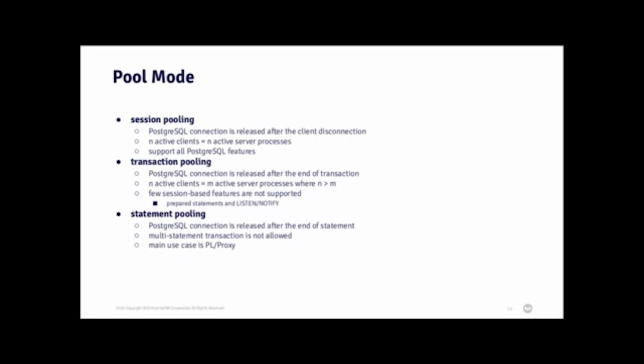In session pooling, the Postgres connection is released after the client disconnects, which means that we have roughly the same number of clients and server processes. I can say that if you have 10 clients, you will have 10 active backends. And it supports all Postgres features.